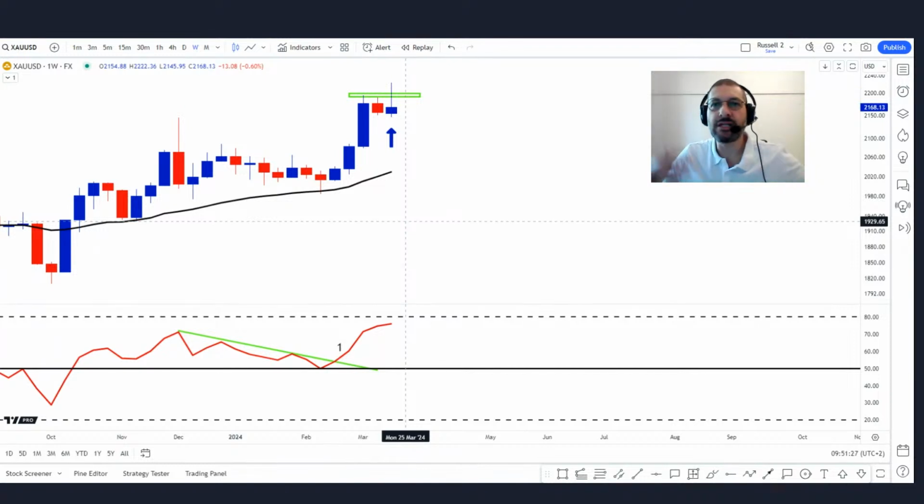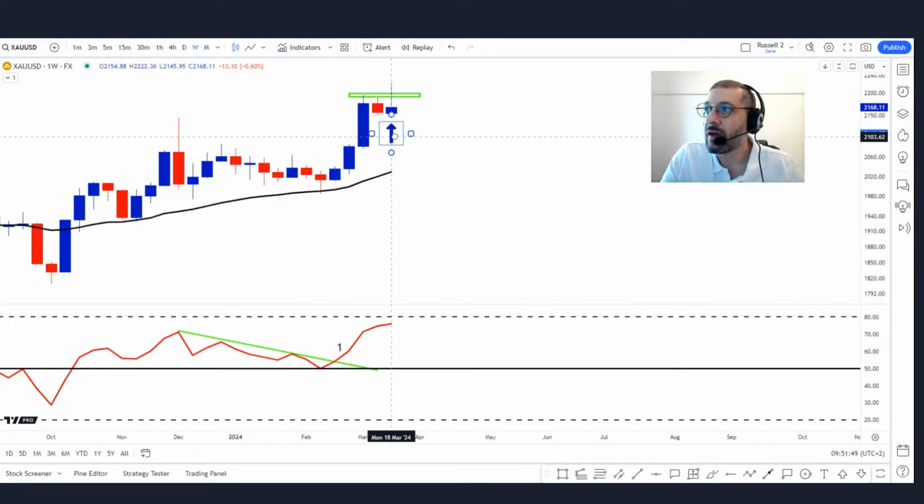Where are we relative to the 30-week exponential moving average? We're above it. What direction is the 30-week exponential moving average? And it's moving nicely in that northeasterly direction. Lovely. What about the RSI? RSI is above 50 and it's not overbought. Okay, so we do seem to have a bullish momentum there.